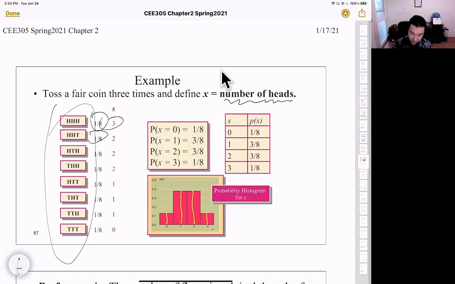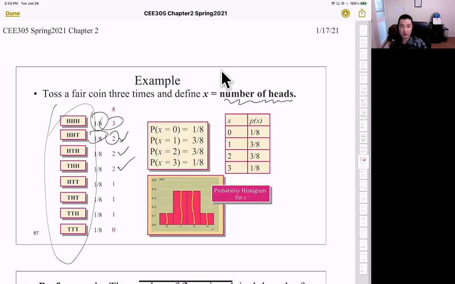And we can also see 2 heads here, here, and here. So we have 3 outcomes which have 2 heads. Then we add the probability, 1 over 8 times 3, so the probability of 2 heads is 3 over 8.